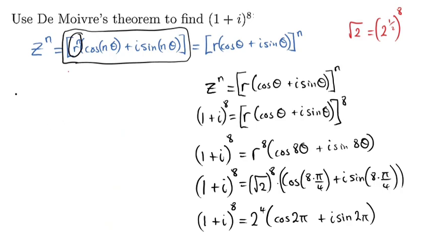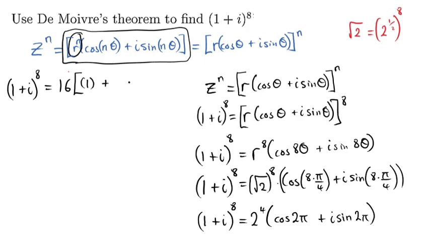Okay, so let's bring it here. (1 + i) raised to the power 8 is actually equal to 2 to the power 4, which is 16. Then open bracket, we have cos 2π. Cos 2π is 1.